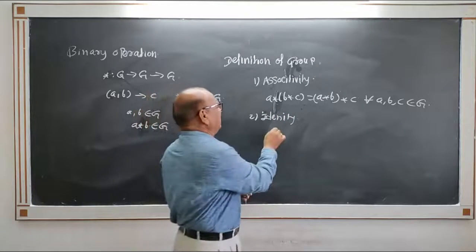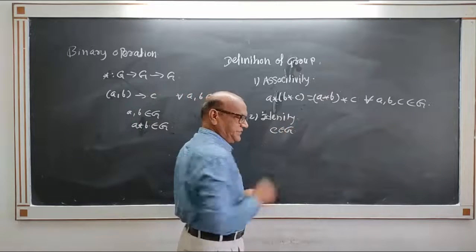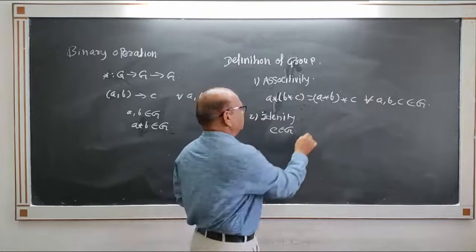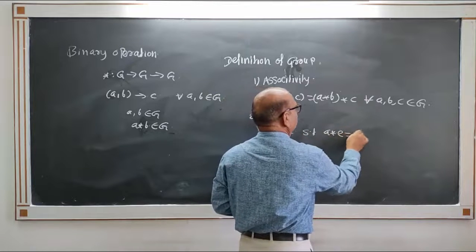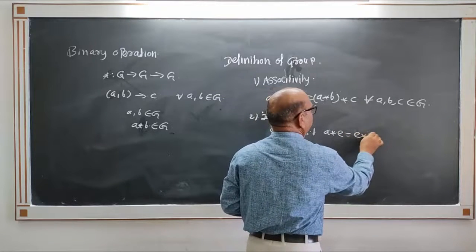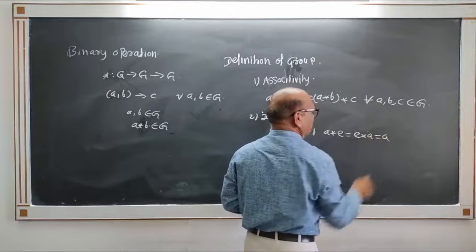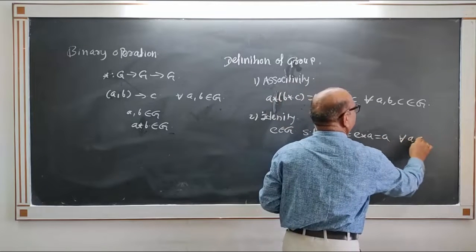There exists E belongs to G such that A star E is equal to E star A is equal to A for all A belongs to G.